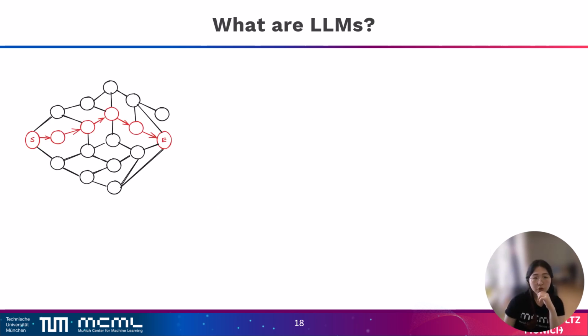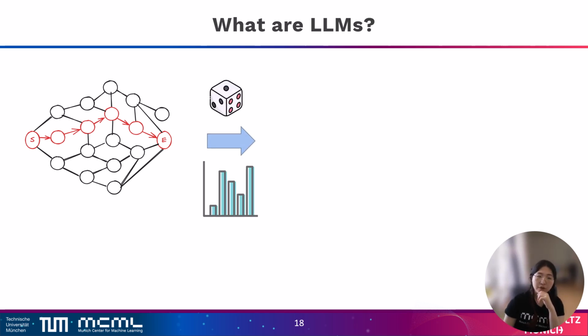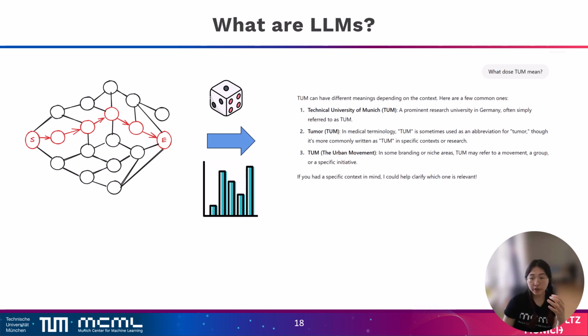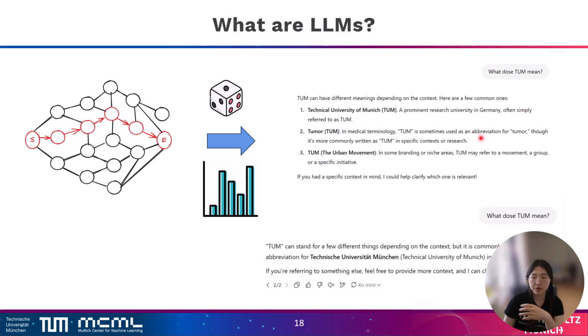So now we already know that we have different kinds of searching strategies, and every time we choose one word based on the probability, like rolling a dice. This is why, when I ask ChatGPT the same question, "What does true mean?", sometimes the answer will be slightly different.